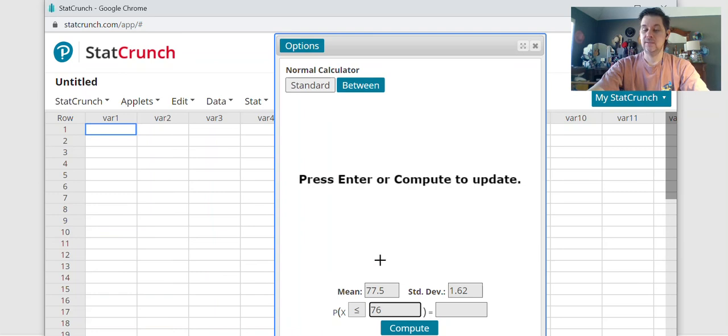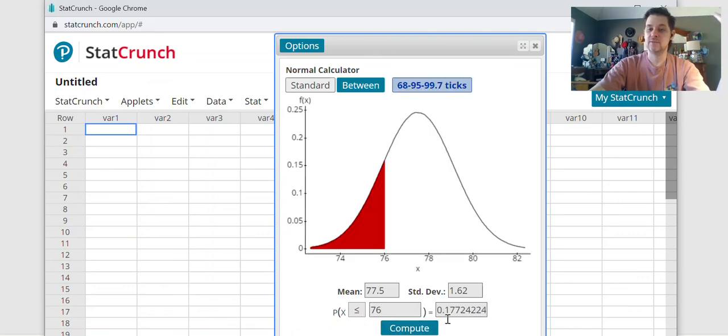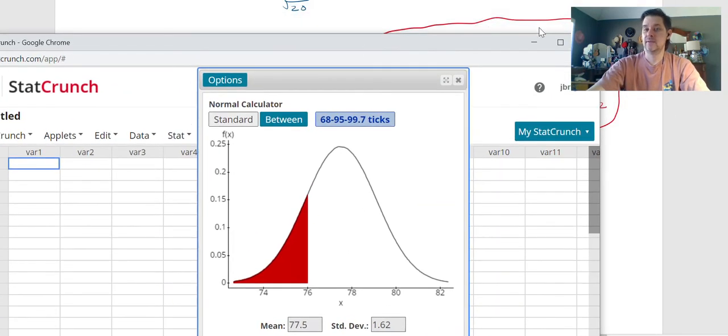There's my mean and standard deviation. This is the probability that X, in this case the average height of 20 trees, is less than 76 feet. Compute. Not very likely. I got 17.7% chance, 0.177. That's my answer.